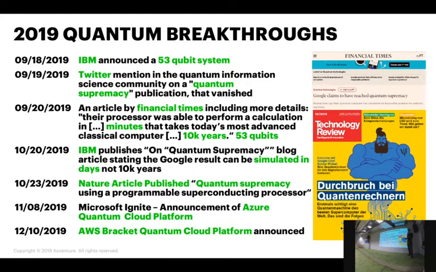IBM, for example, announced their 53 qubit system, and a little bit later there was some buzz also on Twitter, because a publication was leaked, I would say, and somehow it disappeared again from the internet.